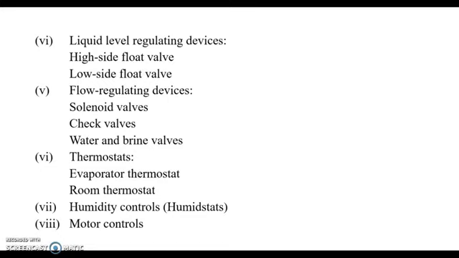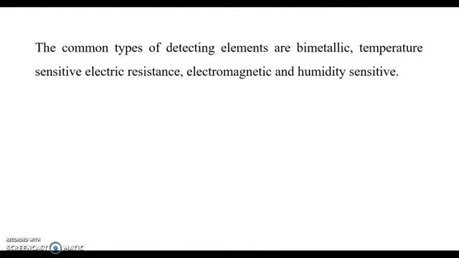Flow regulating devices: solenoid valves, check valves, water and brine valves. Thermostats: evaporator thermostat, room thermostat. Then humidity controls and motor controls. The common types of detecting elements are bimetallic, temperature sensitive electrical resistance, electromagnetic and humidity sensitive.